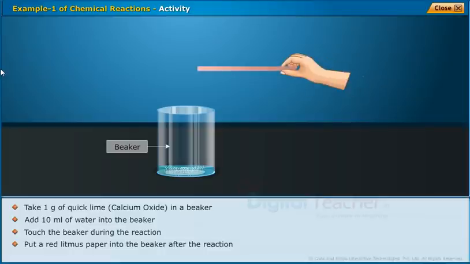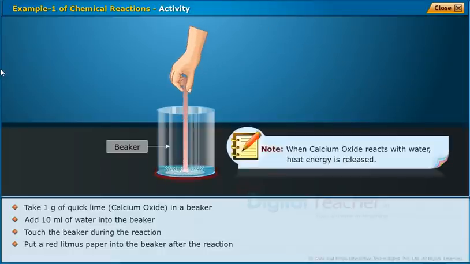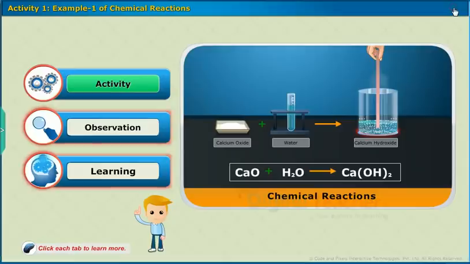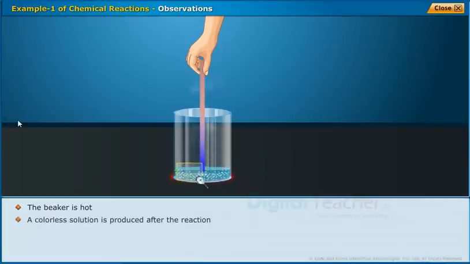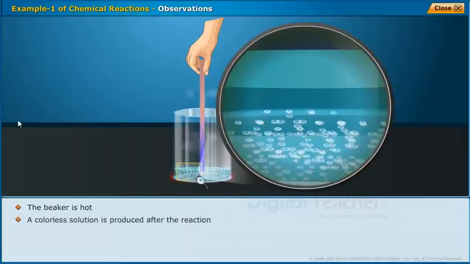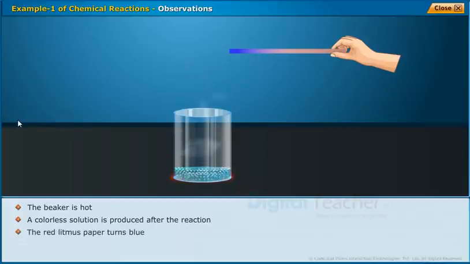Put a red litmus paper into the beaker after the reaction. The beaker is hot. A colorless solution is produced after the reaction. The red litmus paper turns blue.